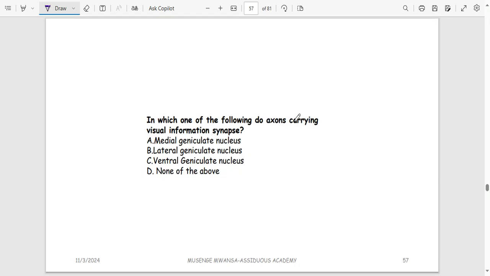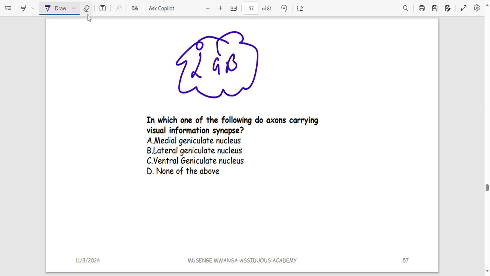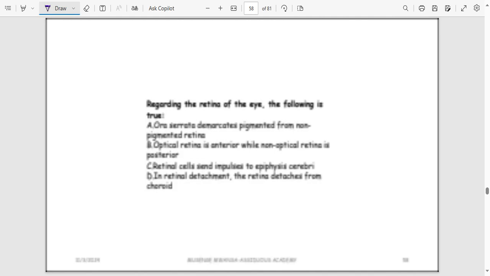In which one of the following do axons carrying visual information synapse? Medial geniculate nucleus, lateral geniculate, ventral geniculate, none. So it's LGB, lateral geniculate body or lateral geniculate nucleus.